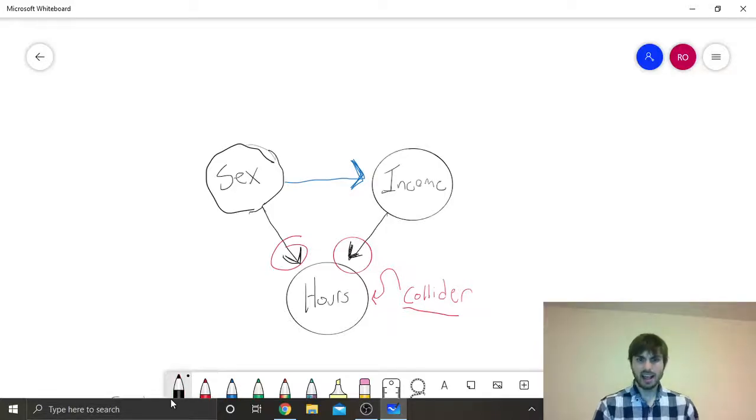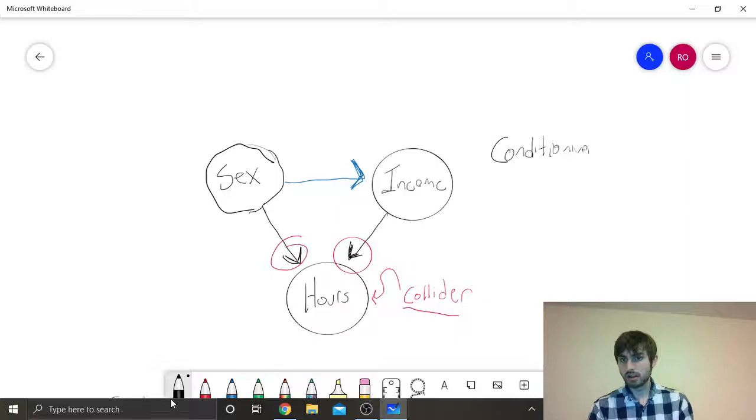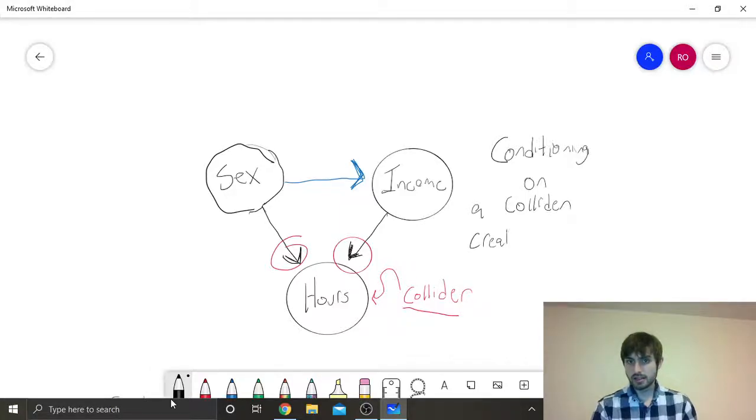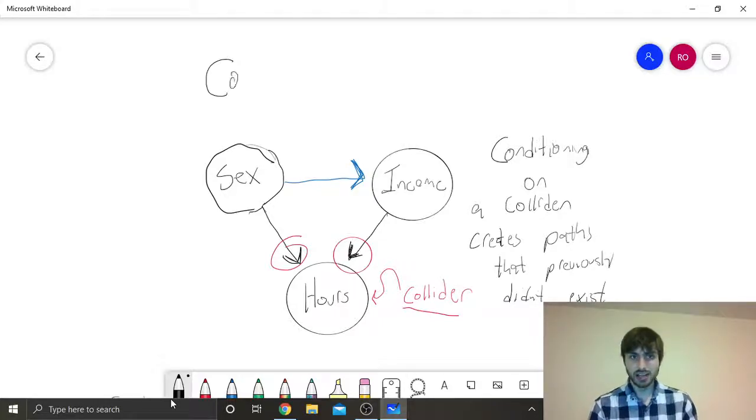And what's important about that is that conditioning on a collider creates paths that previously didn't exist. In other words, it creates bias. So this is called collider bias.